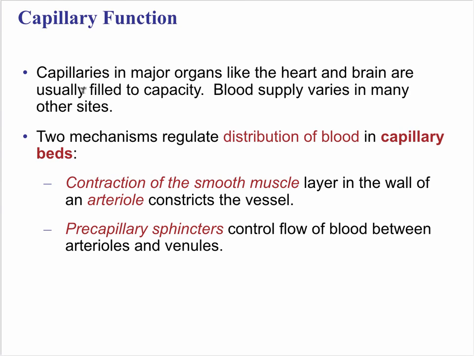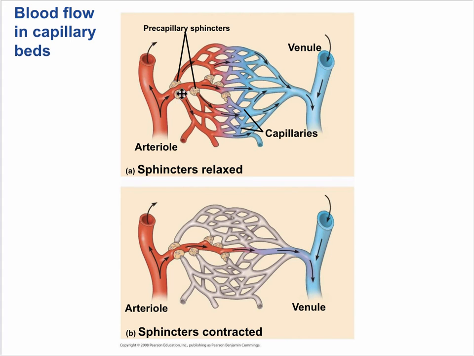So, blood flowing into the capillary beds can be controlled. We mentioned this a minute ago. There are tiny sphincter muscles, circular rings of muscle in the arterioles leading into the capillary beds. So we can flood a capillary bed with blood when that tissue needs a good supply of blood.